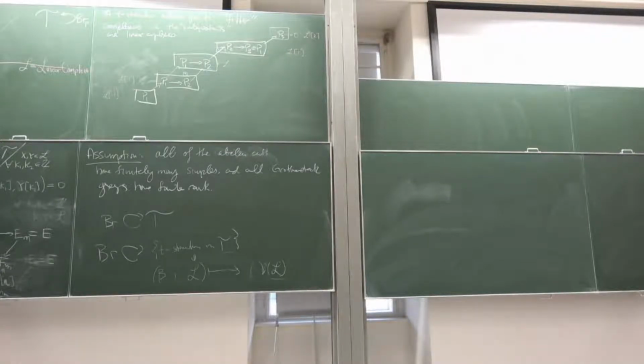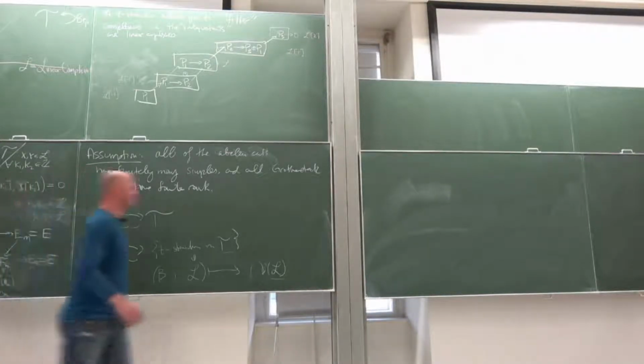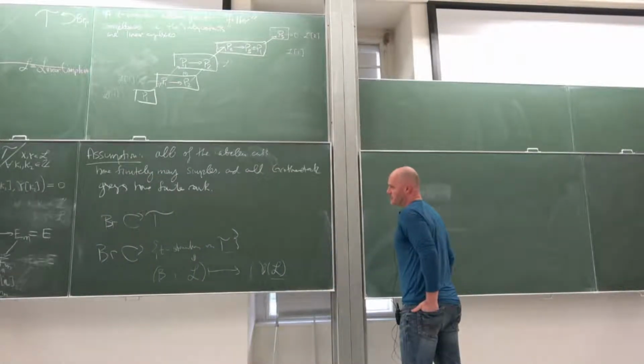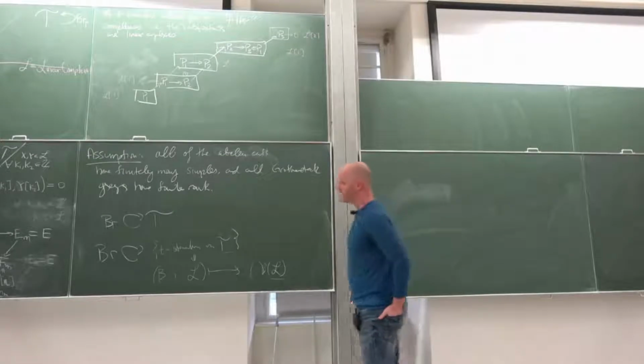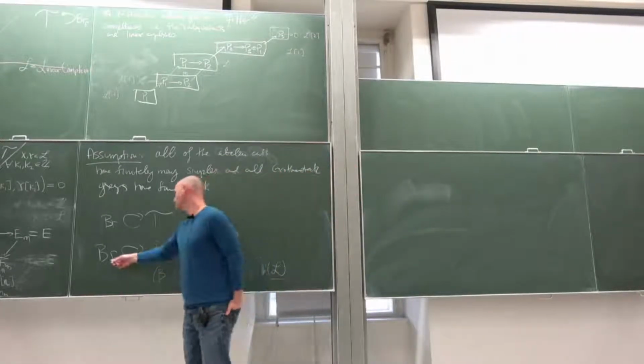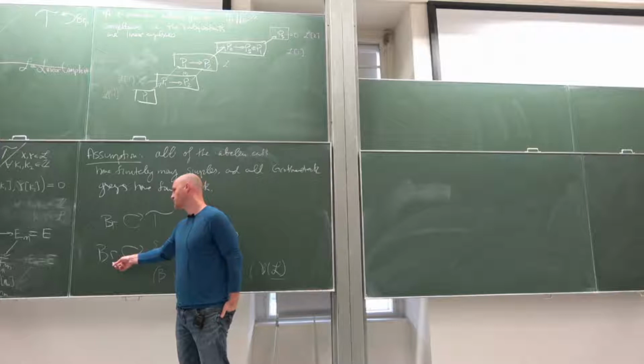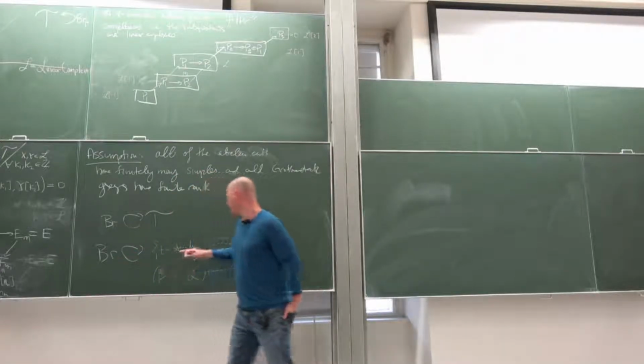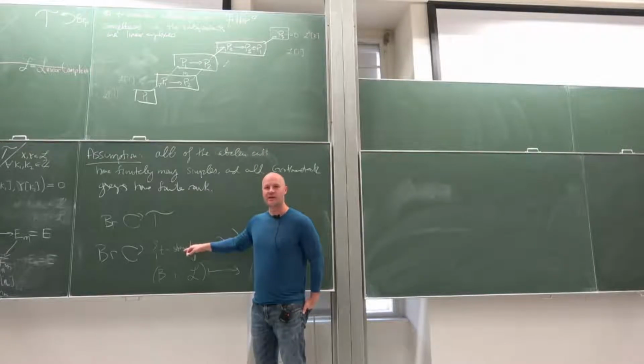Okay. So where we're headed with this is, in ten minutes or so I'll tell you what a Bridgeland stability condition is. A stability condition on a triangulated category is a refinement of the notion of a T structure.